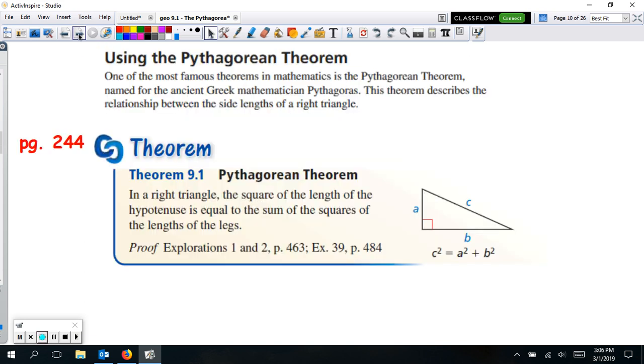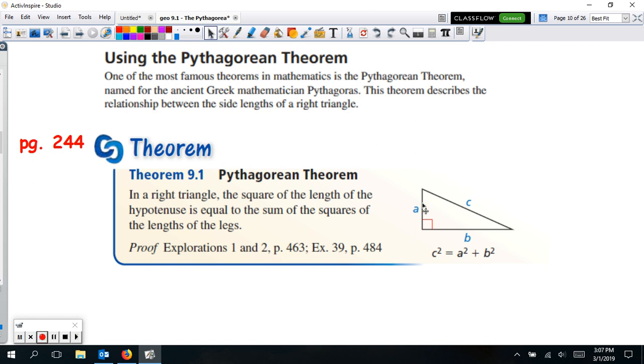Okay, so let's jump into our Pythagorean theorem. On page 244 in your notes, you have the theorem there. It's one of the most famous theorems in mathematics, named for the Greek mathematician Pythagoras. This theorem describes the relationship between the side lengths of a right triangle. You've probably seen it before: a squared plus b squared equals c squared, or you can say c squared equals a squared plus b squared.